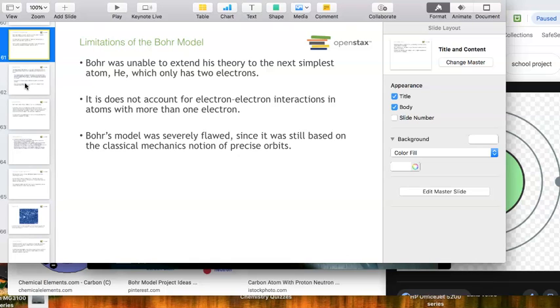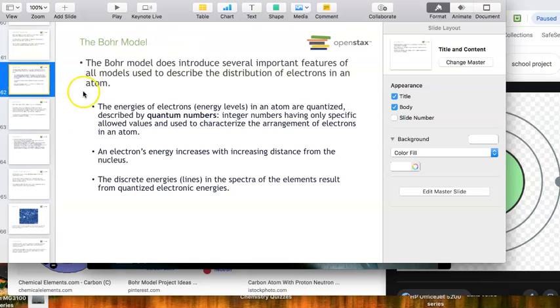He explained that, and that was good, but it was only for the hydrogen atom. There are still some important things we can take from his work. The energy of electrons in an atom is quantized. That means they have only specific energy values, and we refer to them as energy levels.